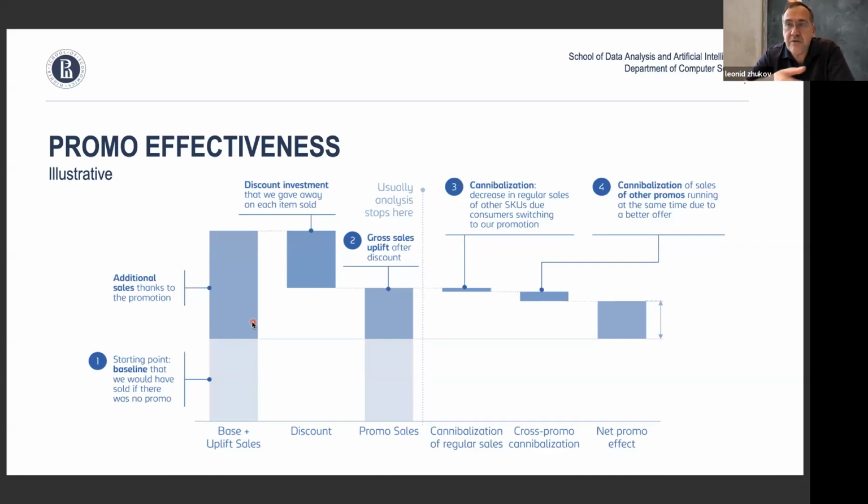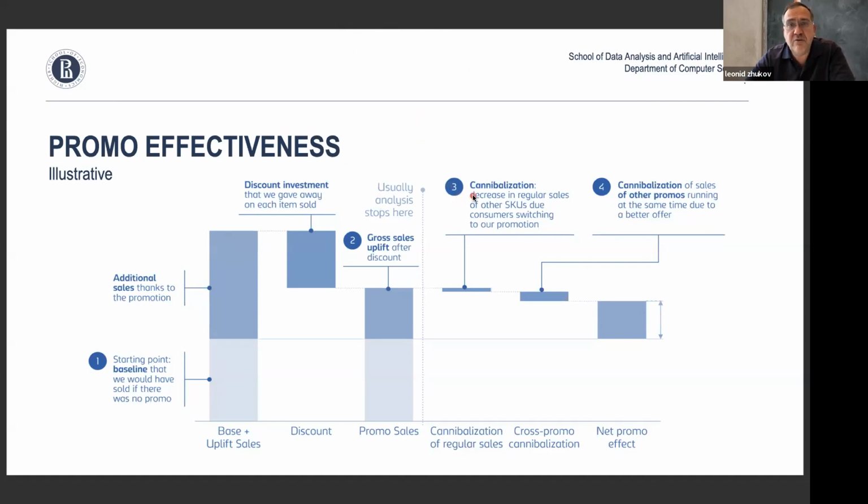In good advanced settings, you need to do this upfront, before you launch a promotion, to realize whether it's going to be beneficial or not. All right, so these are just very simple examples of how you can use data science in retail.